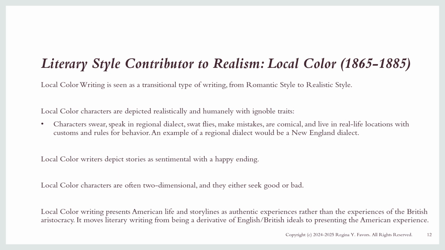Local color writers depict stories as sentimental with a happy ending. Local color characters are often two dimensional and they either seek good or bad. And then local color writing presents American life and storylines as authentic experiences rather than the experiences of the British aristocracy. It moves literary writing from being a derivative of English British ideals to presenting the American experience.